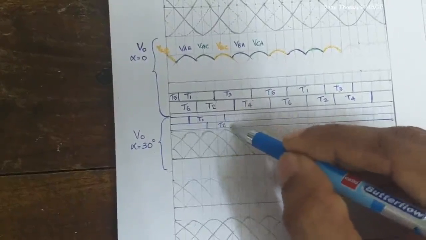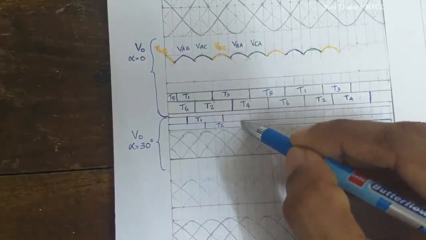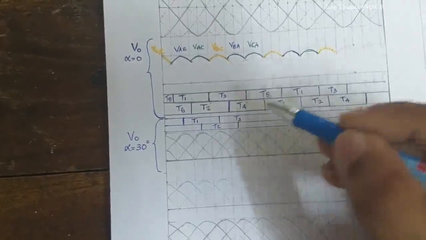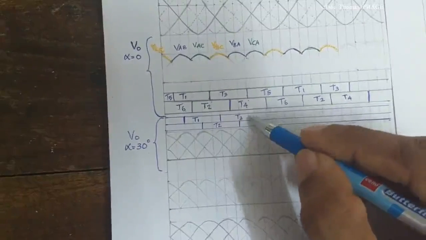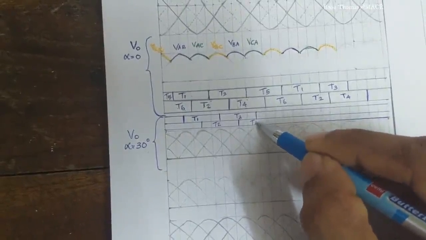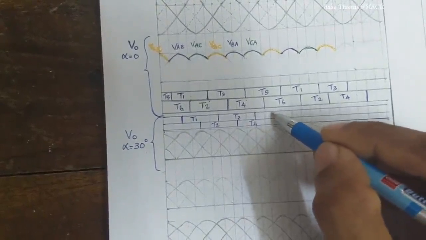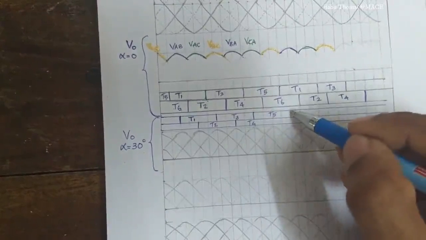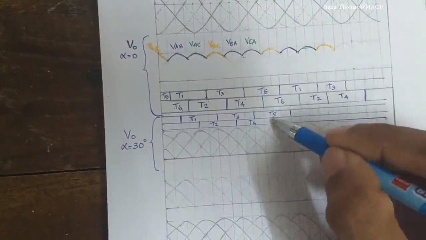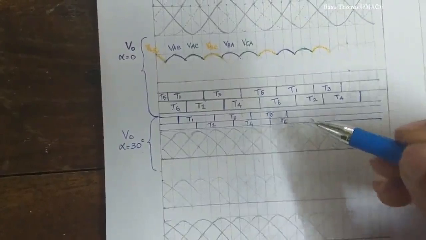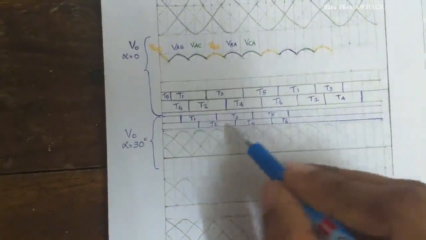So now T2 will be conducting for 120 degrees. Then T3 comes into picture, then T4, then T5, and T6. So here it is T2, T4 and T6.